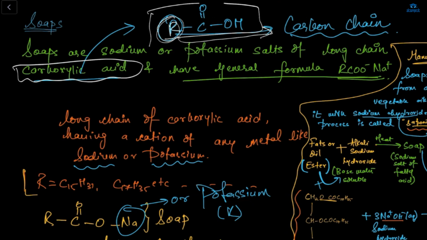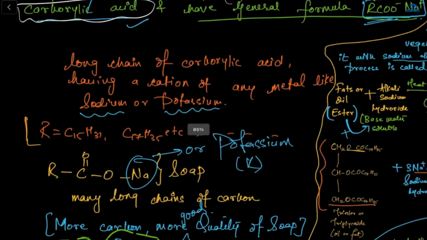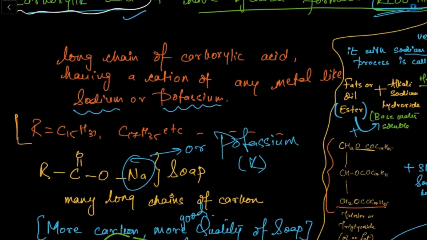So the soaps which are sodium, Na, and potassium, K, salts of long chain of carboxylic acid, they will have this general formula. This is the general formula of your salt. The long chain of carboxylic acid has a cation of metals like sodium and potassium.